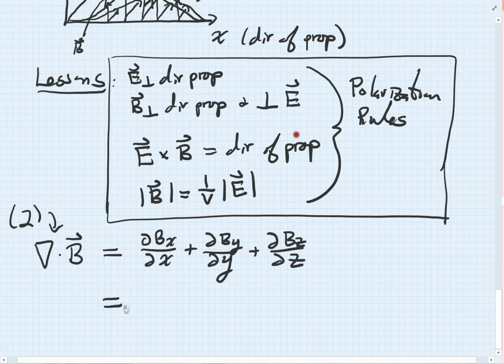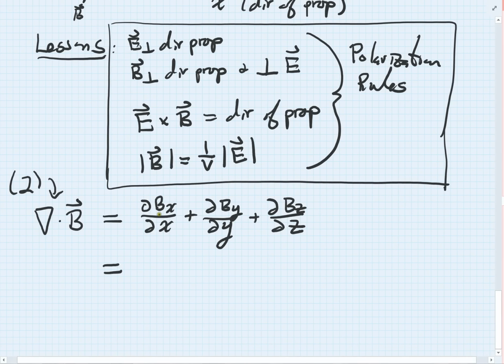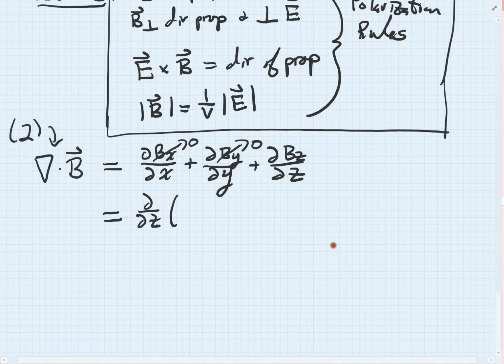And as we look, we see our magnetic field is directly along the z direction. It only has k hat. So therefore there is no x component, there is no y component, and the z component, we know from our formula, is just 1 over v times our function of x minus vt.